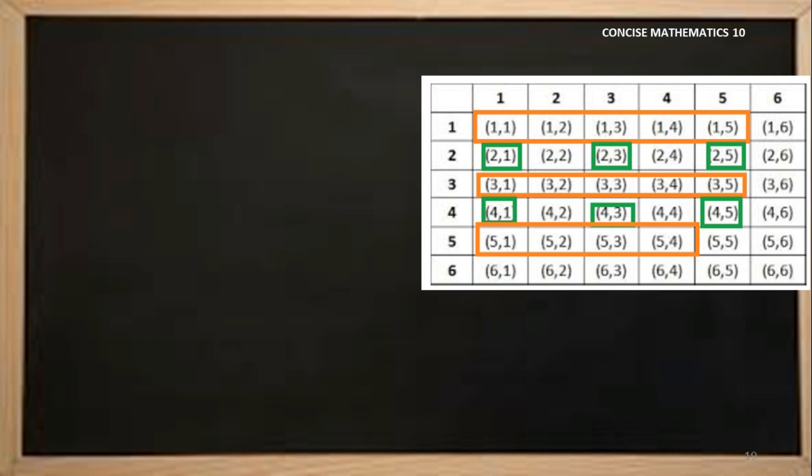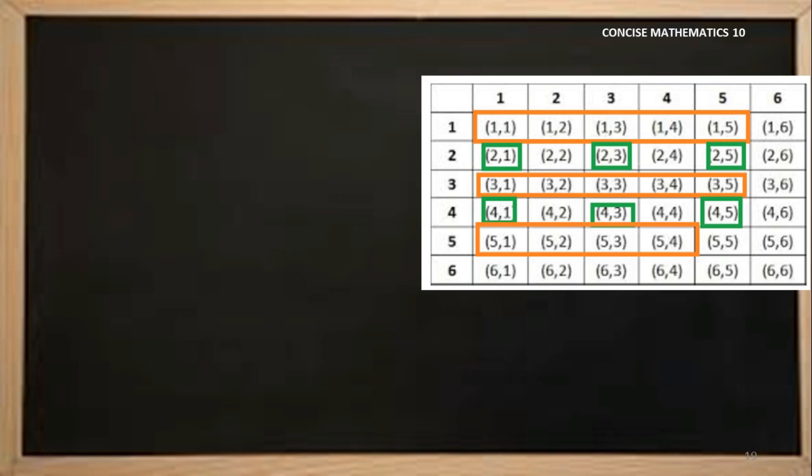So, in the first column, 1, 1 to 1, 4, 1 is an odd number and 1, 2, 3, 4 are the numbers which are less than or equal to 4. And we have also considered 1, 5. Why? Because 5 is an odd number and 1 is a number which is less than 4.